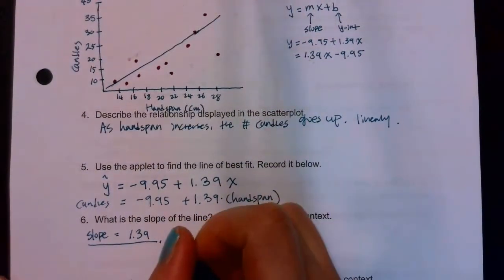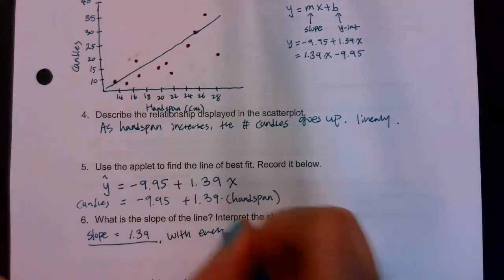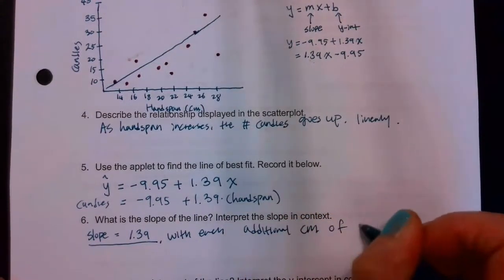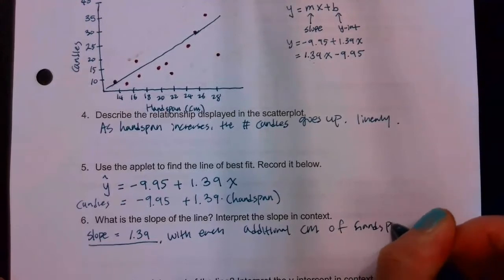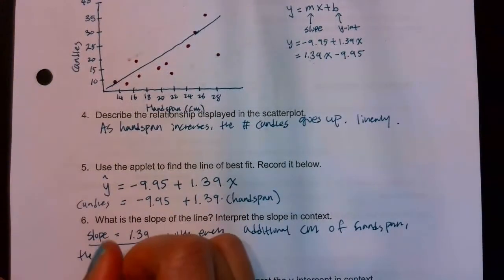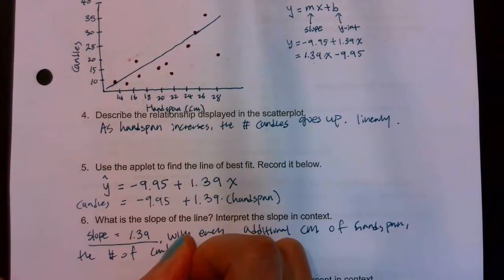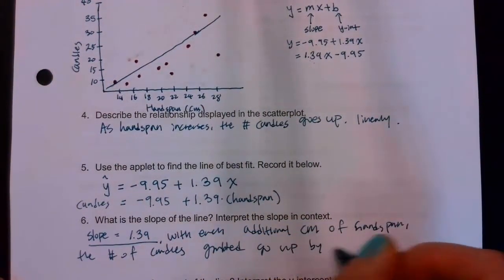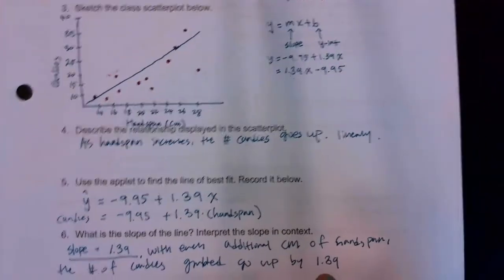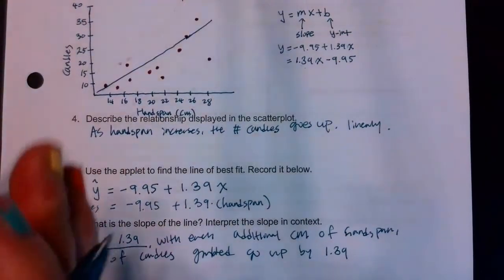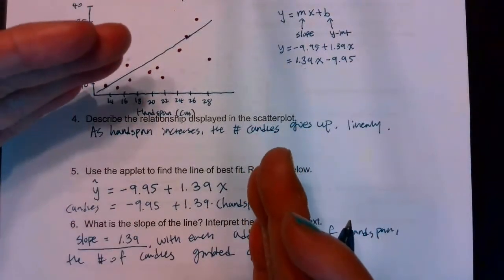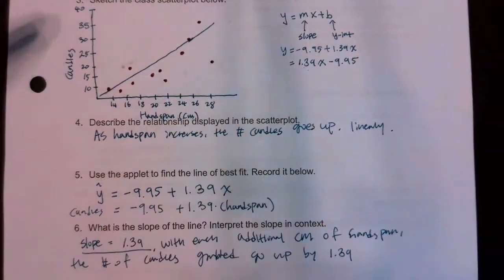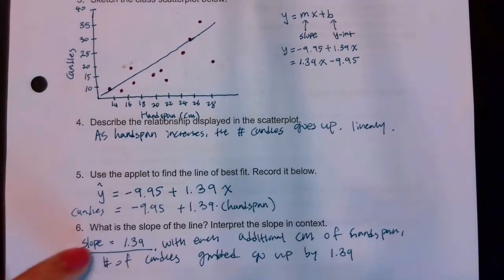That means with each additional centimeter of handspan, the number of candies grabbed go up by 1.39. Because that's what slope means, right? For each x increases, how much does y increase? In other words, for each handspan increase by centimeter, how many more candies a person's going to grab. So that's what this means.